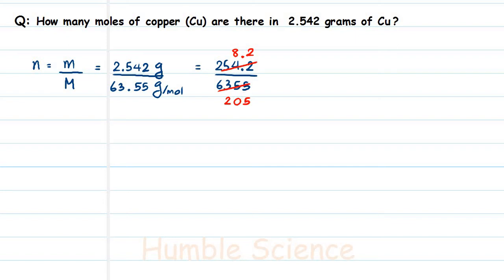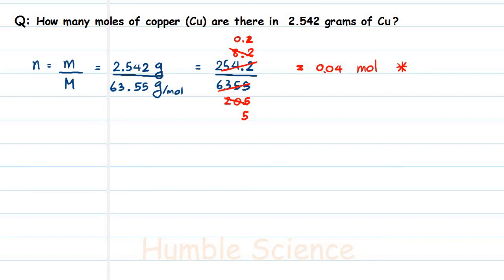And then I think we can divide it more by 41, and that should be 0.2, and then that should be 5. Alright, so we get 0.2 divided by 5, and that should be 0.04 mole, and that is the answer.